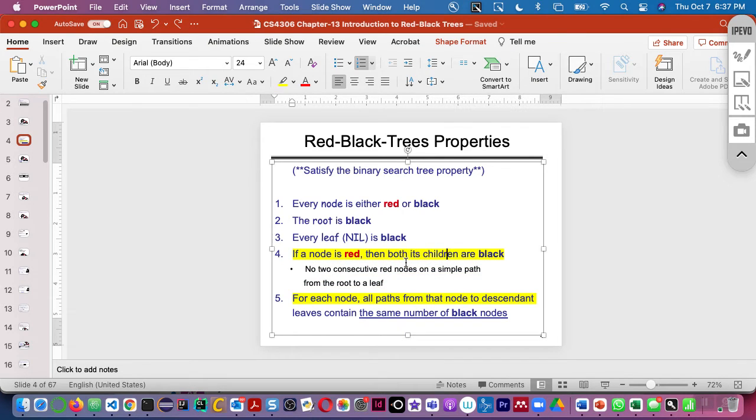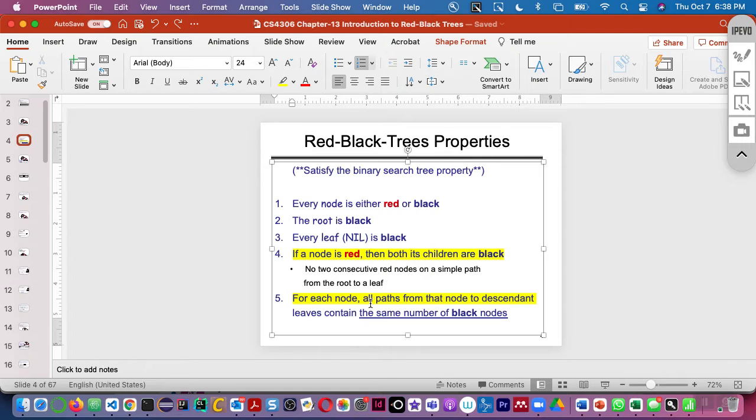That means no child is red, so there are no consecutive red nodes in a simple path from the root. For visual checking, this is easy to check whether it is a red black tree or not. And the last one is that in all paths the number of black nodes is the same. If there are 4 black nodes in one path, then all paths need to have 4 black nodes.